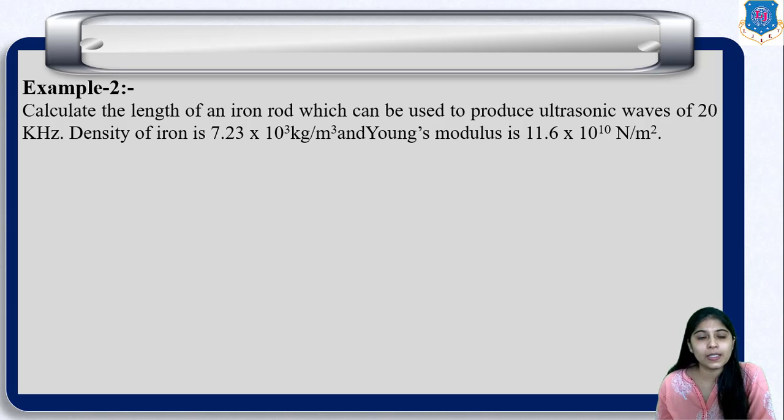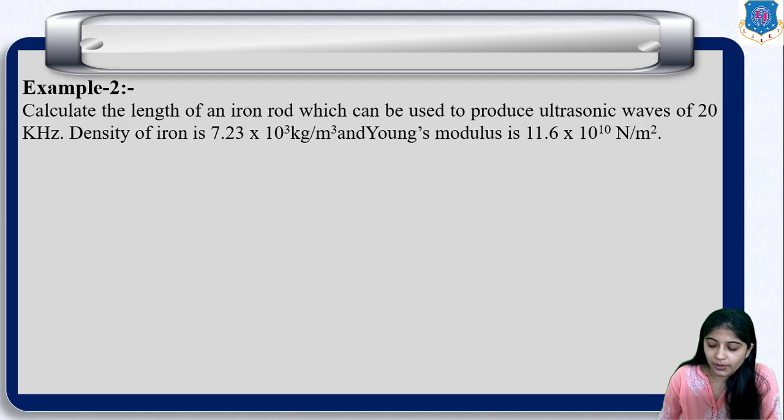So in this example we need to calculate the length of the rod. This is an example of the magnetostriction effect, in which frequency, density and Young's modulus are given.